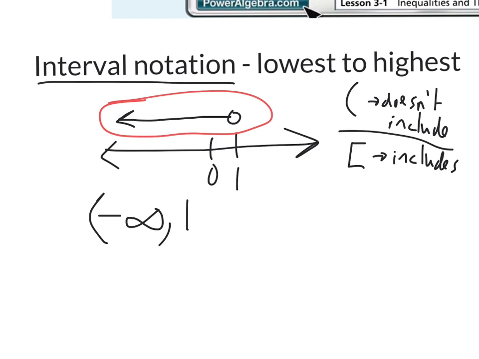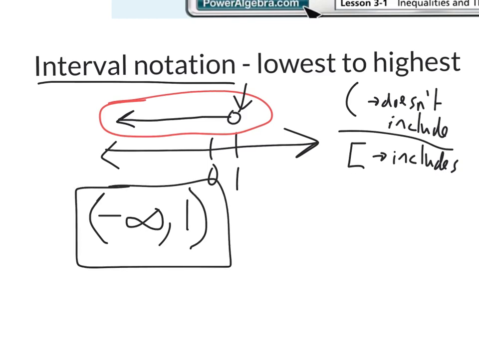And then the question is just whether we're including that or not, whether we need to put a parenthesis or a bracket there next to the 1. So since it doesn't include the point, it's an open circle here, we're going to put parentheses there. So this would be our interval notation. So parentheses, negative infinity, comma, 1, parentheses would be our interval notation.